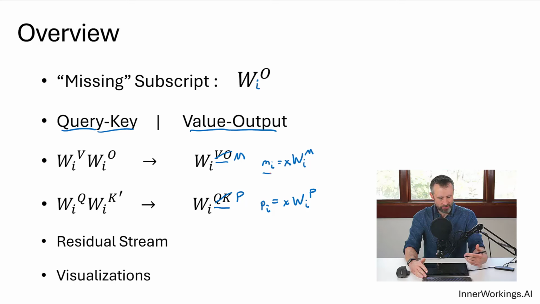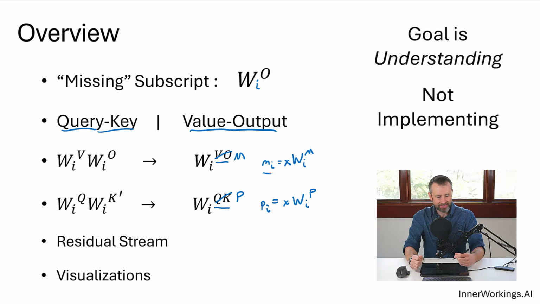So something very important to understand here is that this merging of value output and merging of query key, the purpose is that this provides some helpful conceptualization of attention. It is not necessarily a good idea to implement it. That's not the point here.